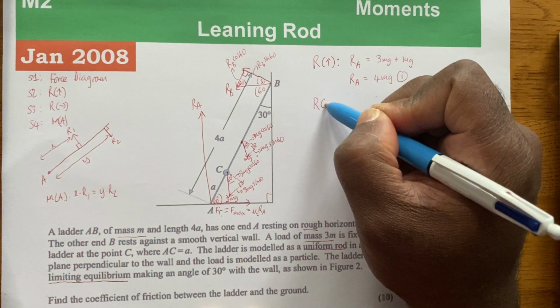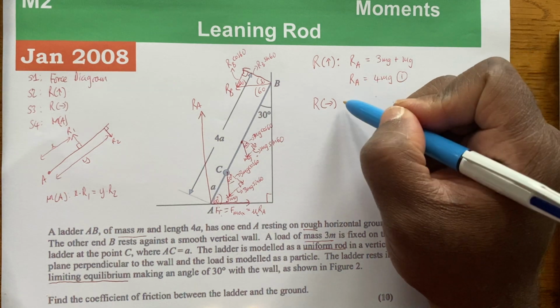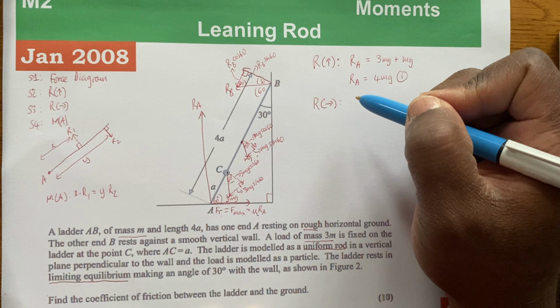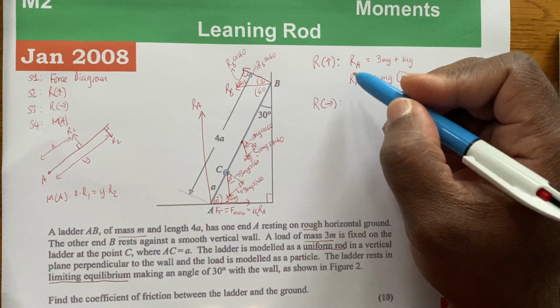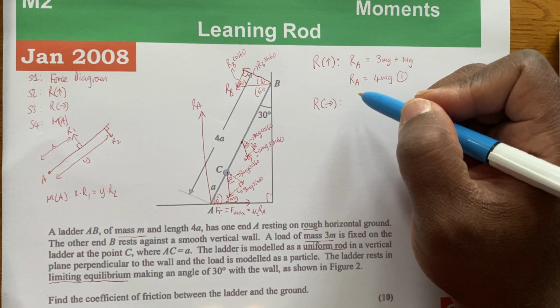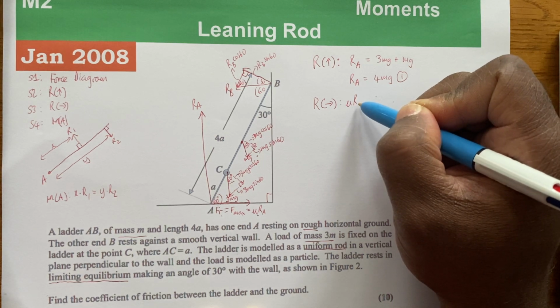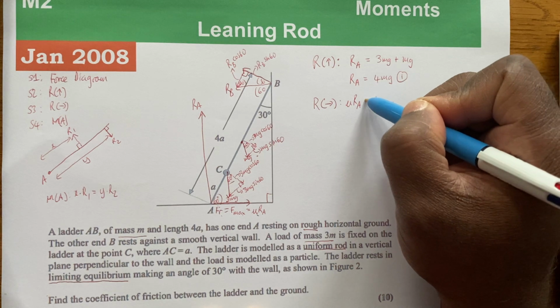When we resolve horizontally, the forces acting to the left will sum and equal the forces acting to the right. And that is true because the ladder is in equilibrium. So the forces acting to the left will be friction, which is maximum friction, again, because we're in limiting equilibrium. And maximum friction in limiting equilibrium will be the coefficient of friction mu times the normal contact force, in this case, RA.